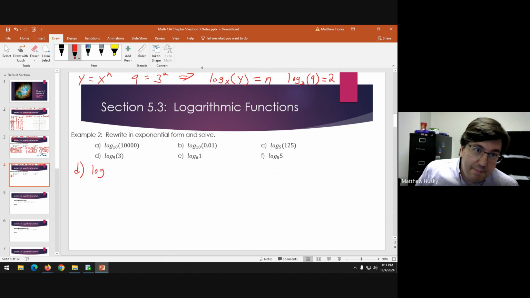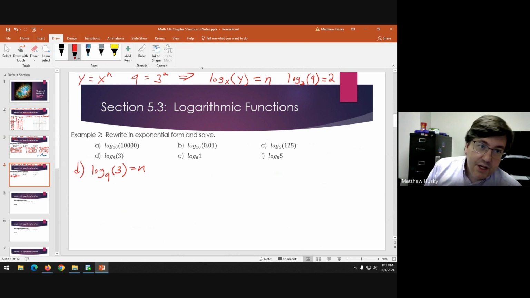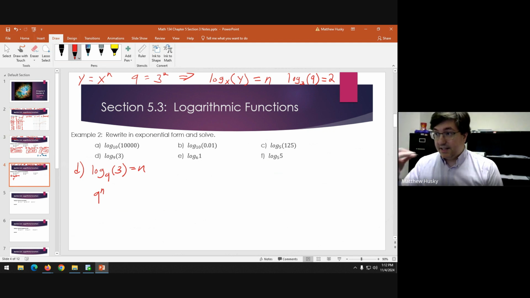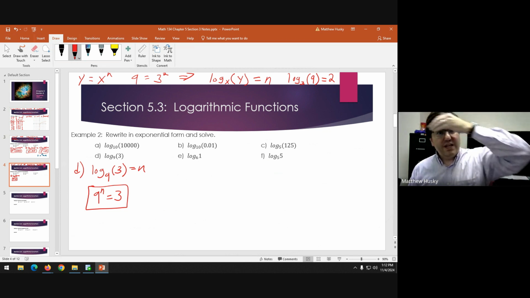So we have log base 9 of 3 is equal to n. The way you would write that with an exponent is 9 raised to the n power, because the 9 is the base. That's the little number down below, which syncs up with the number down below that's holding up the power. The log equals the power, which in this case is n, and then what that works out to be would be 3. So 9 to the n power happens to be 3.